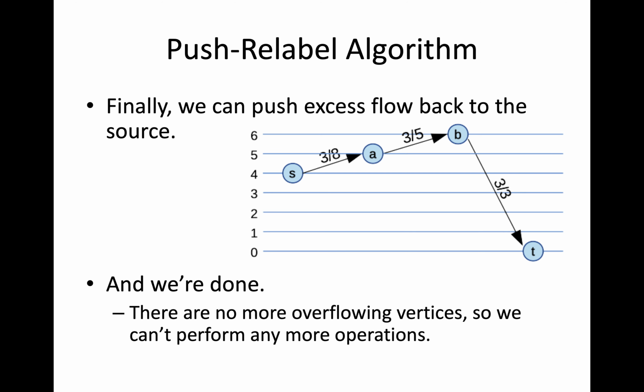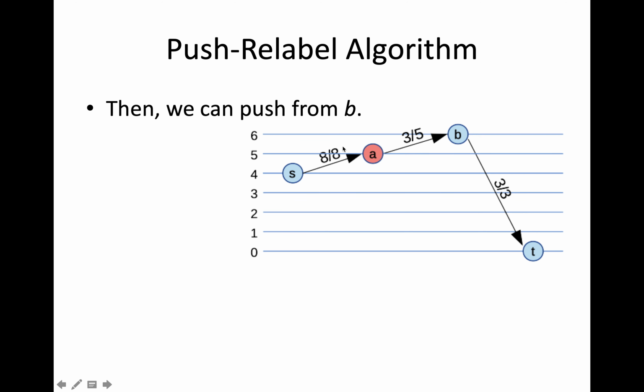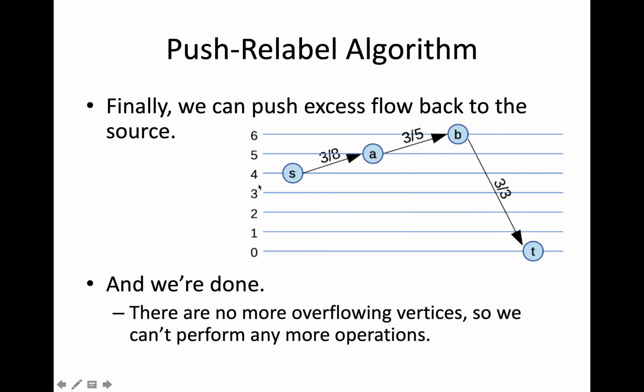So that's what the algorithm's going to do. Remember, whenever you've got an overflowing vertex and you've got an edge with some residual capacity, you push as much as you can across that edge. That means until either the edge is saturated or you've used all of your excess flow. In this case, the excess flow into A is 5. We can push all of that back to S. And at this point, we're done.